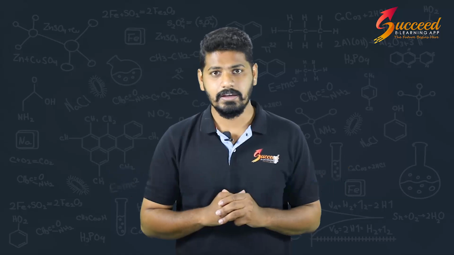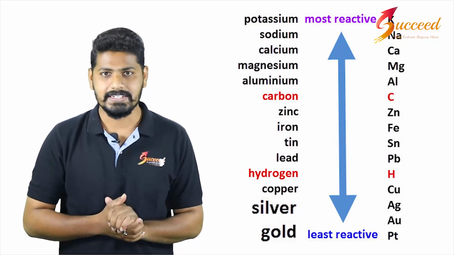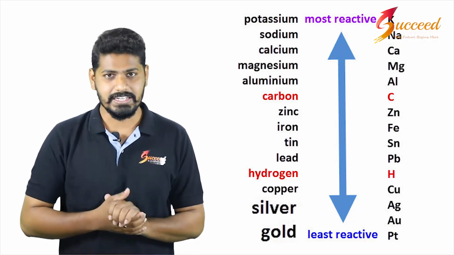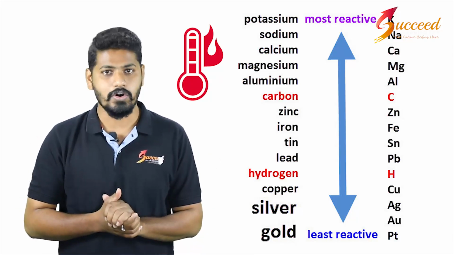First we will see the metals which are present in the low reactive state, and how to extract those metals. When the ore of a low reactive metal is heated at high temperature in the presence of oxygen, it forms the pure metal. I mean it increases the concentration of the metal.